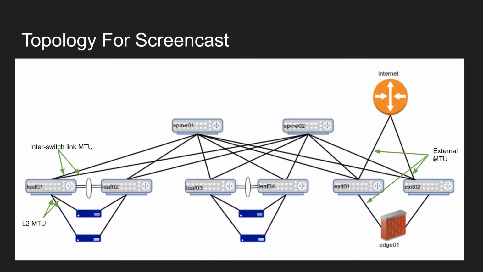Now when you explore your network, I expect to see 2 different MTUs, essentially the inter-switch link MTU of 9216 and the server-facing port and the external-facing port MTU of 1500 bytes. But let's see what it really looks like.